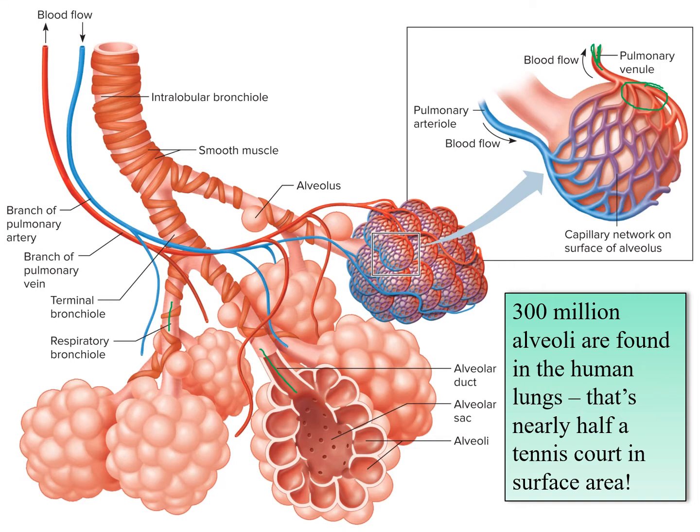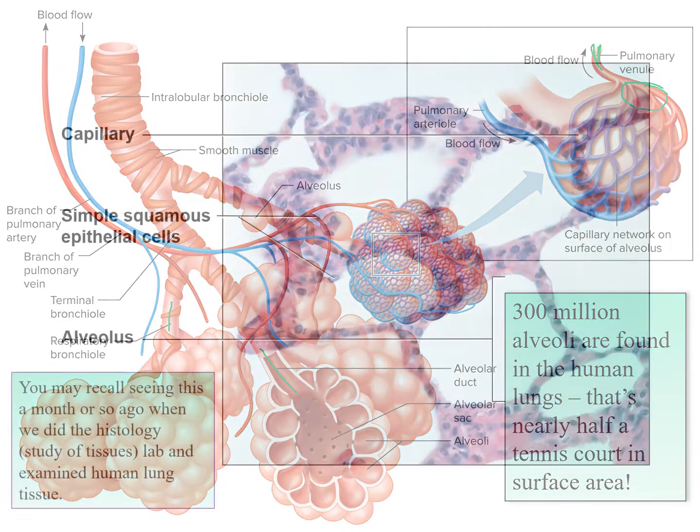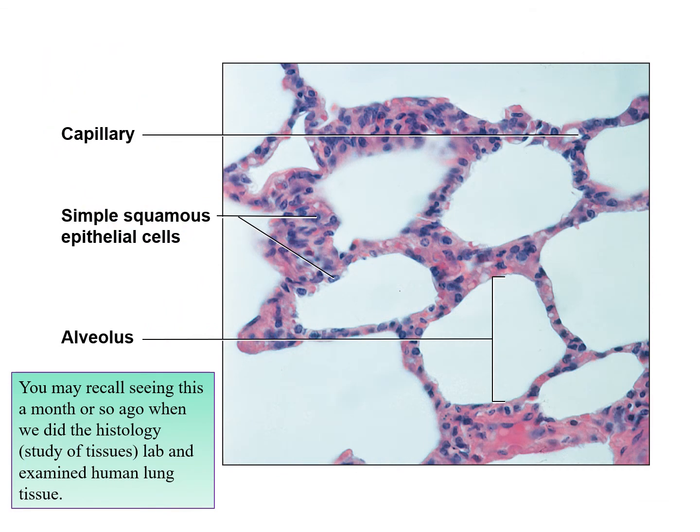Okay, so note again, as the box states, there are hundreds of millions of these microscopic air sacs at the very tips of our bronchial tree. So there's a lot of surface area for a lot of diffusion. Here's a histologic section of some alveoli.